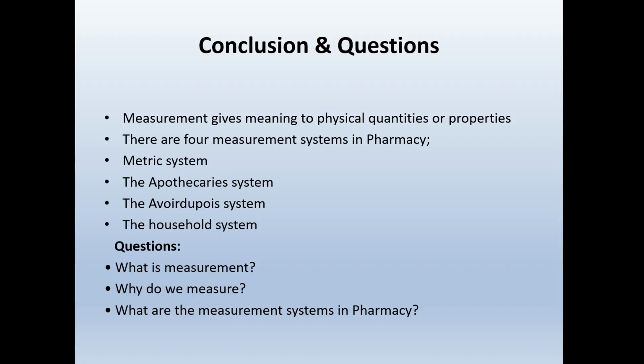The avoirdupois system is Roman in origin, but its name is French, and it was adopted by the British system and used to weigh in commerce. Then the last but not the least is the common or household system, which is commonly used in the United States.